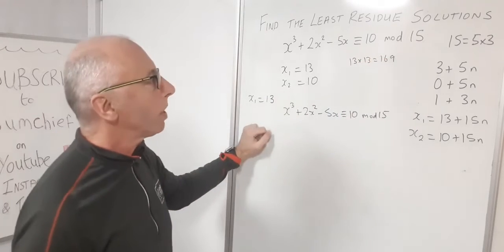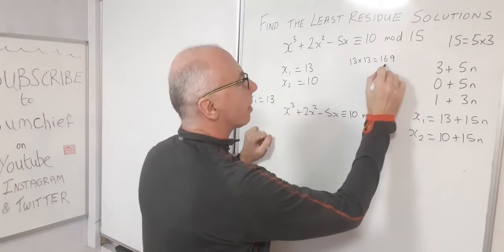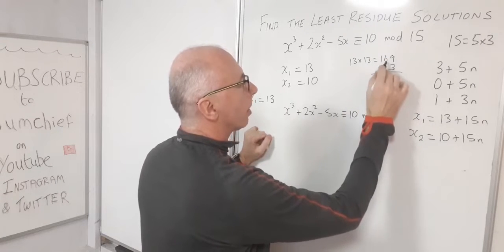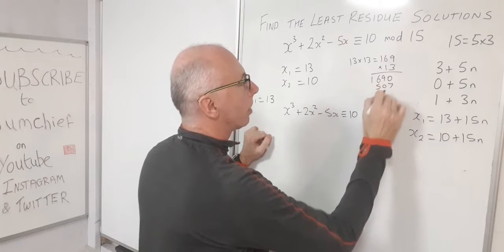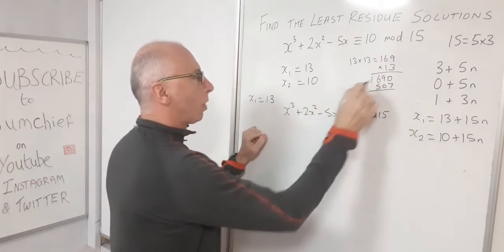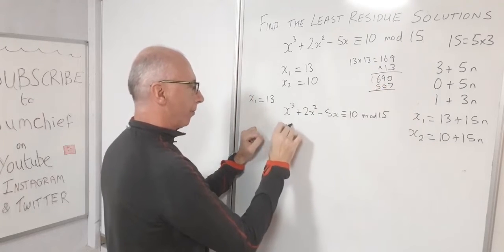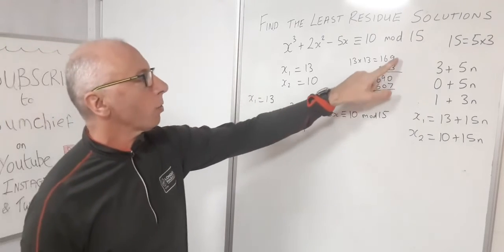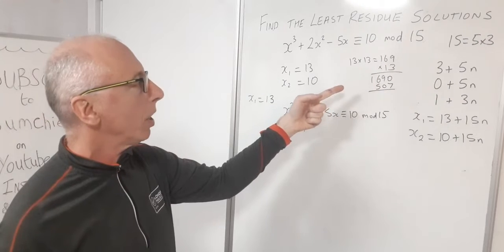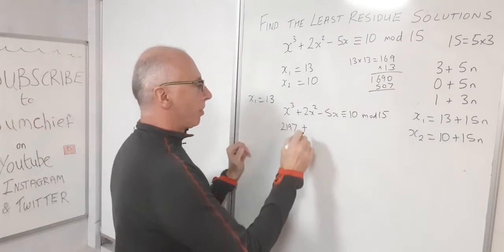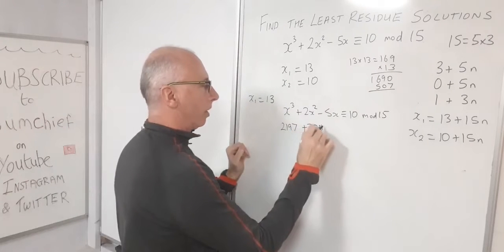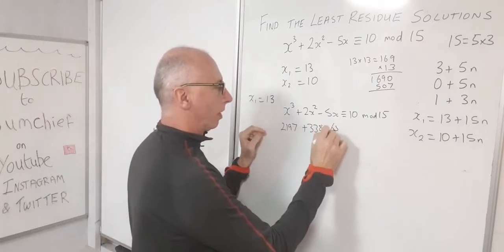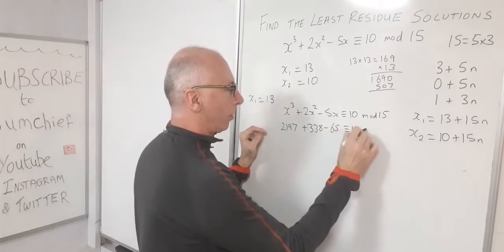And then we're going to times this by 13, we'll get 1690 plus 507. So therefore we'll get 2197. And then 2x squared, well squared is 169, times that by 2, we get 338. 5 times 13 is 65. And that's congruent with 10 mod 15.